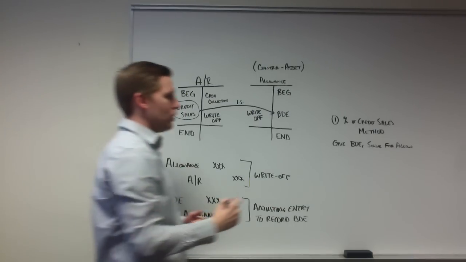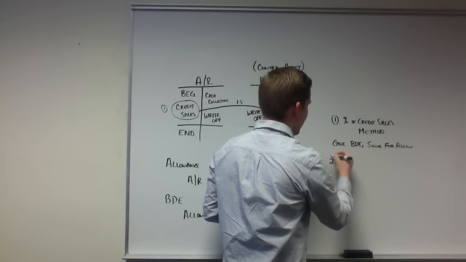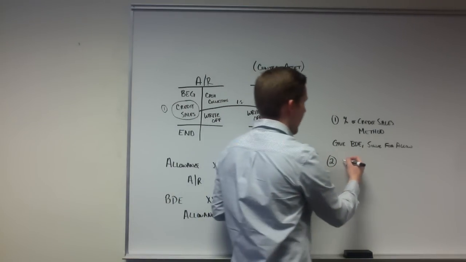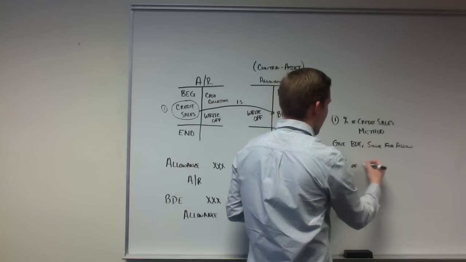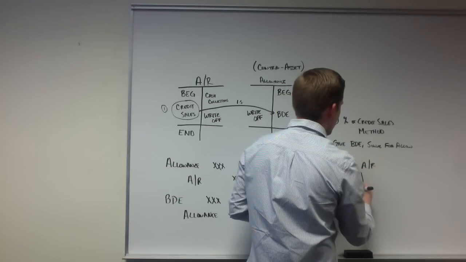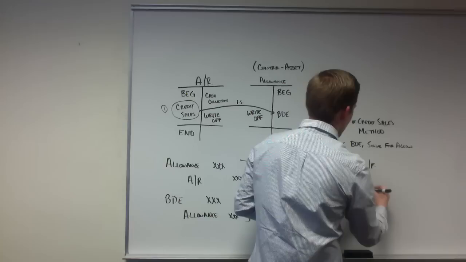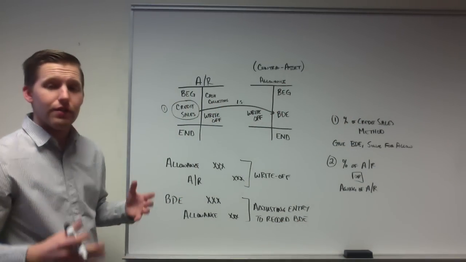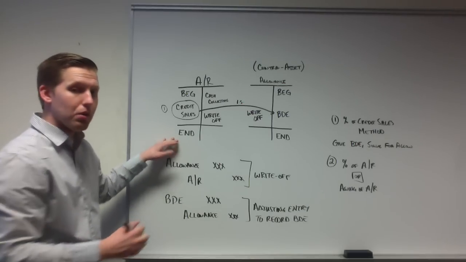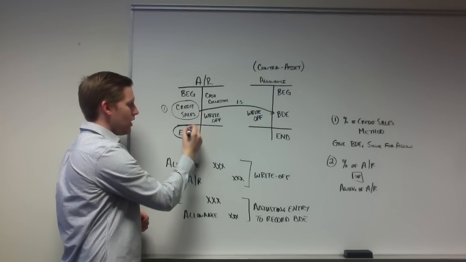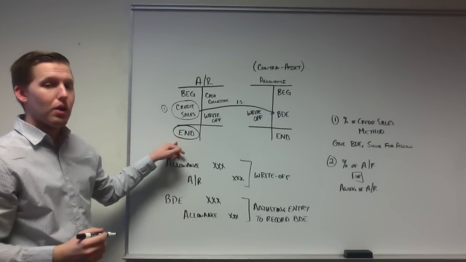Okay, method number 2. Instead of taking an income statement approach, we can take a balance sheet approach, which would be a percentage of our accounts receivable, or sometimes the method will be called aging of accounts receivable. But in either case, the focus of this method is on our accounts receivable, which our ending balance in the accounts receivable T account, that's the number that we're going to show on our balance sheet.